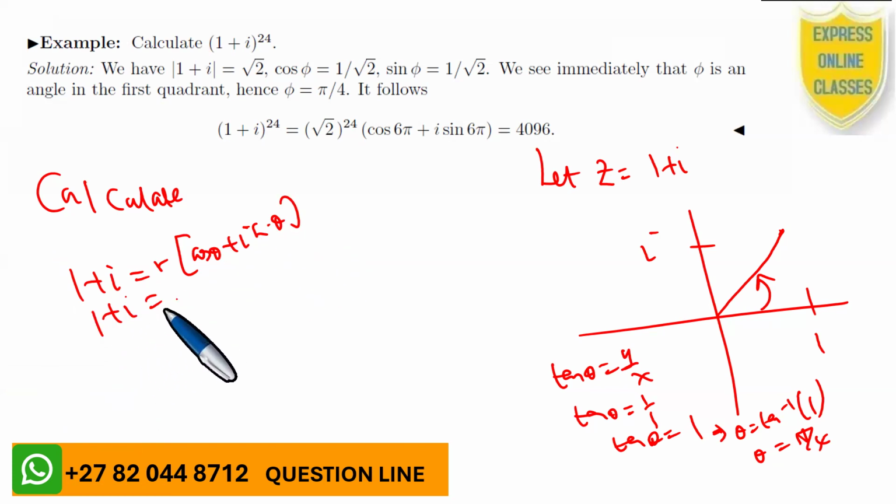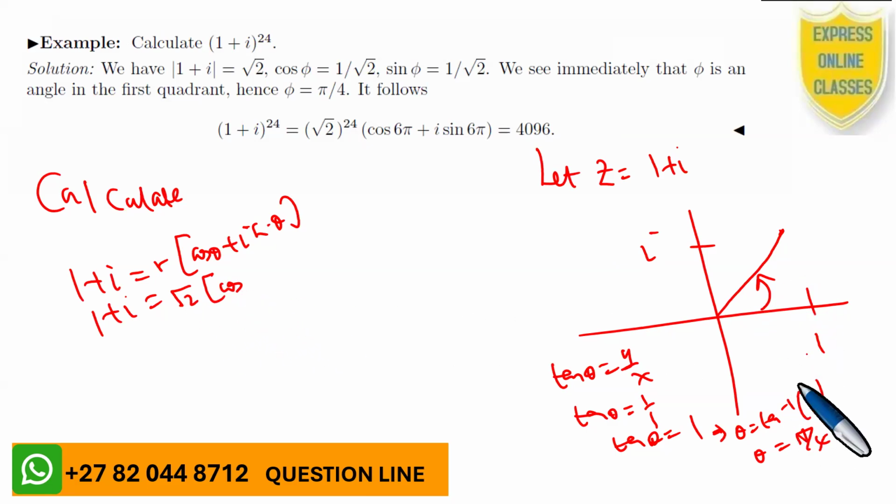The r is the square root of 2. So this is the square root of 2.